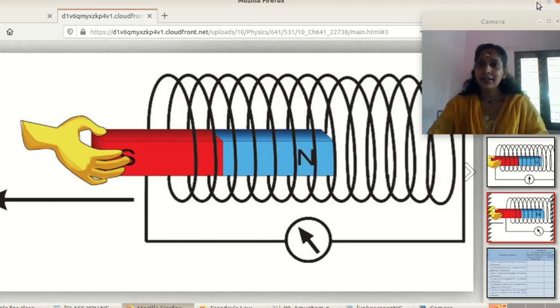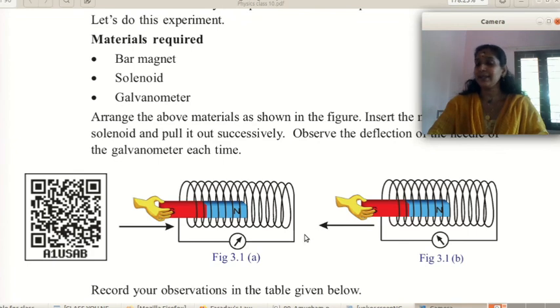From the deflection of the galvanometer needle, we can understand that during the movement of this magnet inside the solenoid, when it is taken out and when it is inserted, there is a deflection in the galvanometer. This deflection shows that current is produced there.